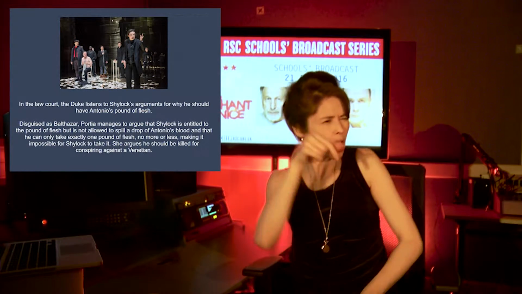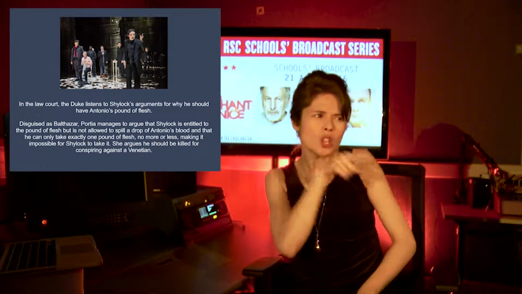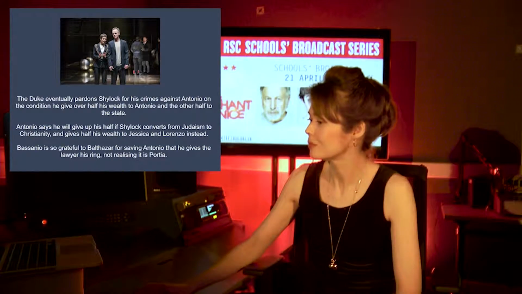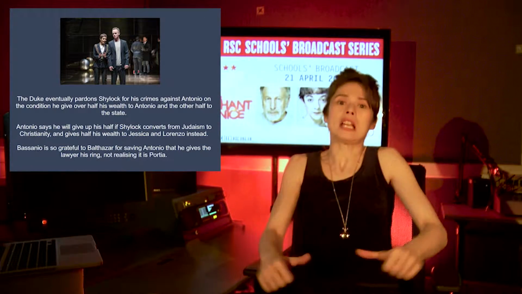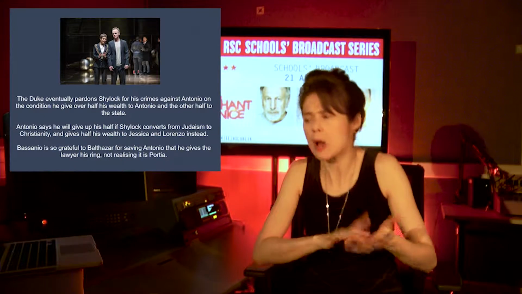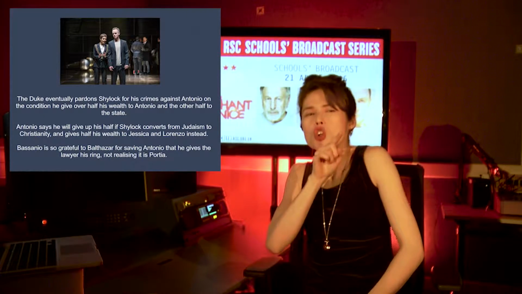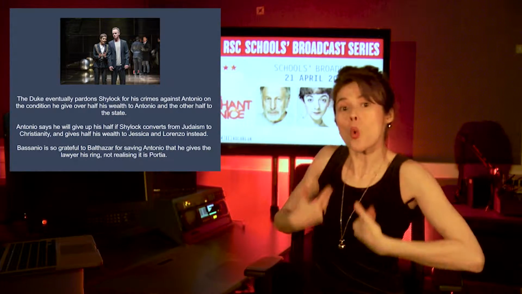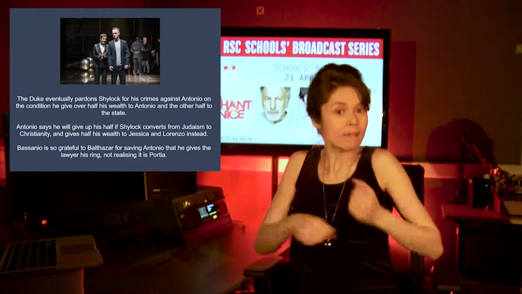Portia argues that Shylock should be killed for conspiring against a Venetian. Eventually, the Duke pardons Shylock on the condition that he give over half of his wealth to Antonio and half to the state.